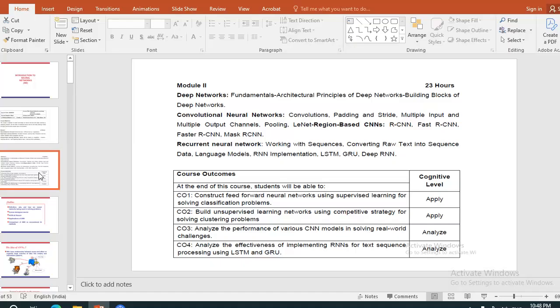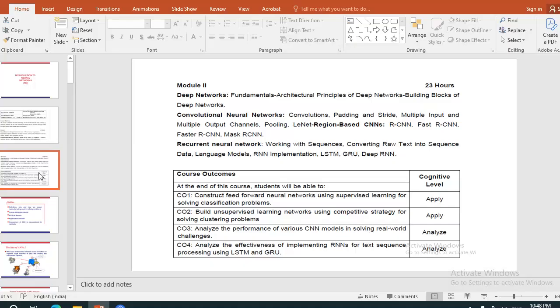Finally we can analyze the effectiveness of implementing recurrent neural networks for text processing, as well as LSTM and GRU. So these are the different outcomes we can expect from deep learning as well as neural network models.